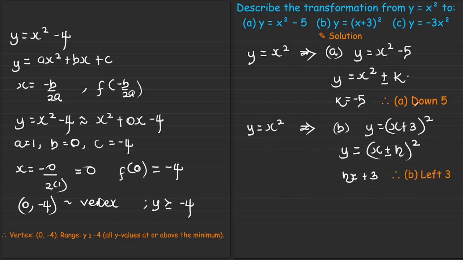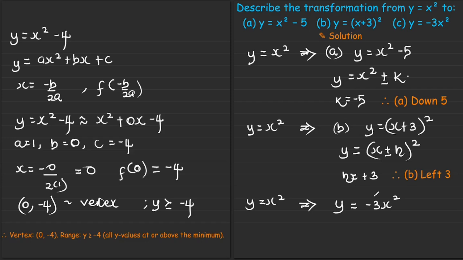Our last transformation here is simply what? We have our parent function, which is y equals x squared, transformed to y equals negative 3x squared. Remember, we said if there is a number multiplying the parent function, then that determines how wide or compressed it is.